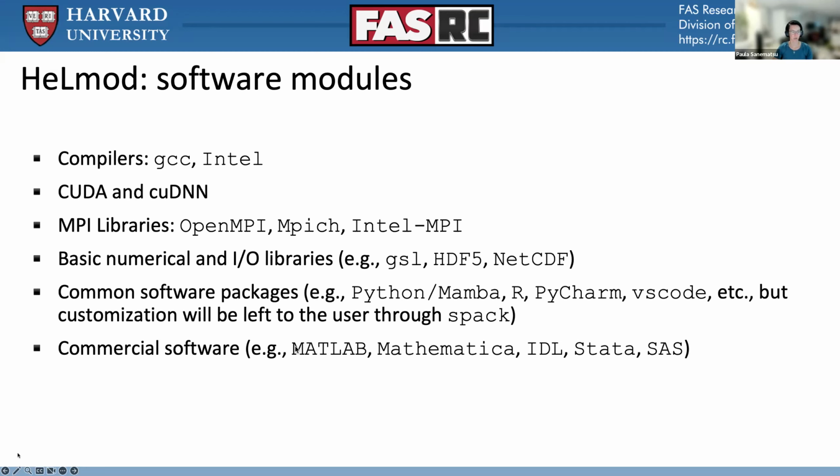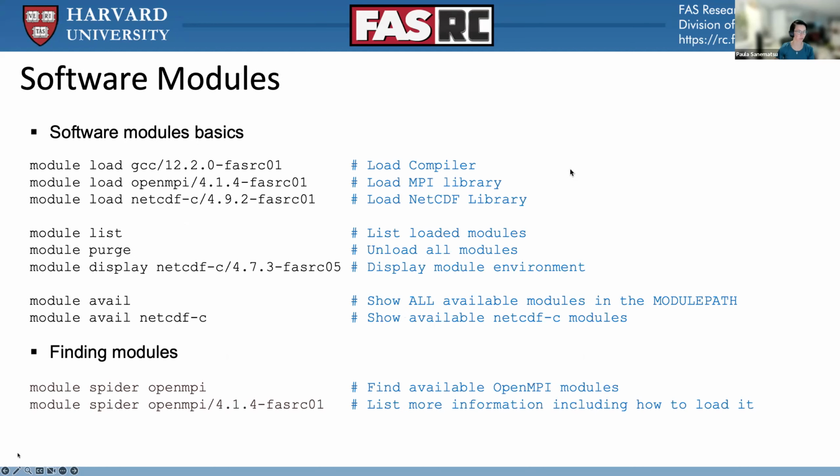We have some common software packages such as Python, Mamba, R, PyCharm, VS Code, but customization will be left to the user through Spack. We also have commercial software through modules such as MATLAB, Mathematica, Stata, SAS, Lumerical, COMSOL, those types of software.